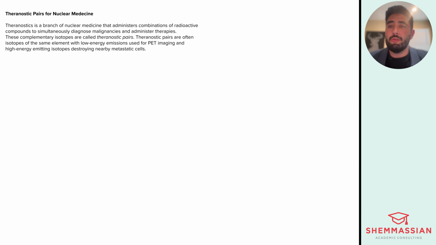And so for this paragraph, if we were to reveal the highlights, we would highlight things like nuclear medicine, radioactive compounds, Theranostic pairs, same element, lower energy emissions, and higher energy emitting isotopes destroying nearby metastatic cells. The reason why we're highlighting those things is because these highlights give us a couple of key things.